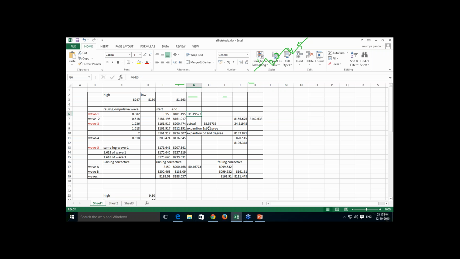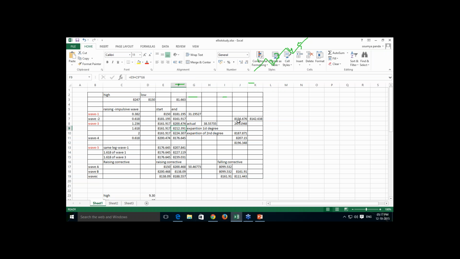The first wave will make some price difference, and from that price difference you have to draw the second wave, and the second wave will in turn generate the third wave, and the third wave will go for an expansion. If it goes beyond 8200 till 8212, then you can say it is an expansion of first degree.